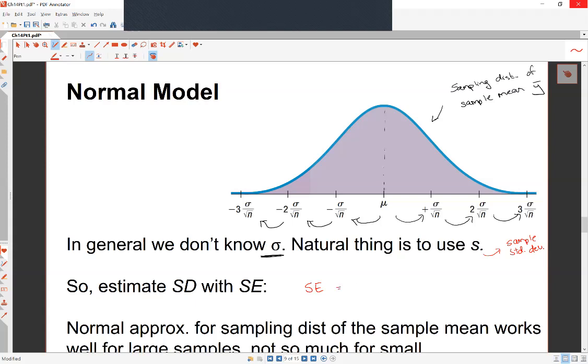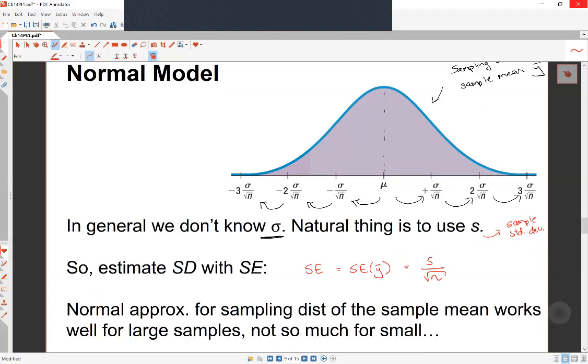And standard error, or sometimes we'll emphasize standard error of the sample average, is given by S over square root of n. So it just takes the standard deviation formula and replaces the sigma, the unknown population quantity, by S, the sample approximation of that quantity.